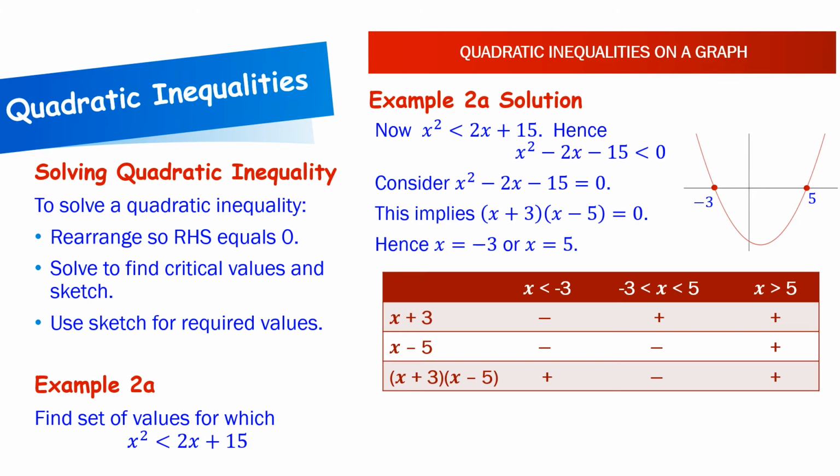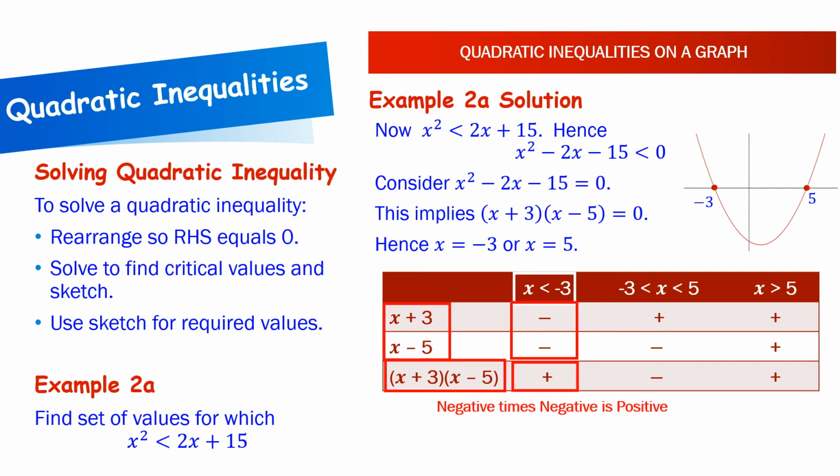So let's take a look at what's happening. If x is less than minus 3, then x plus 3 is negative, and x minus 5 is also negative, so we have a negative times a negative, which is a positive.